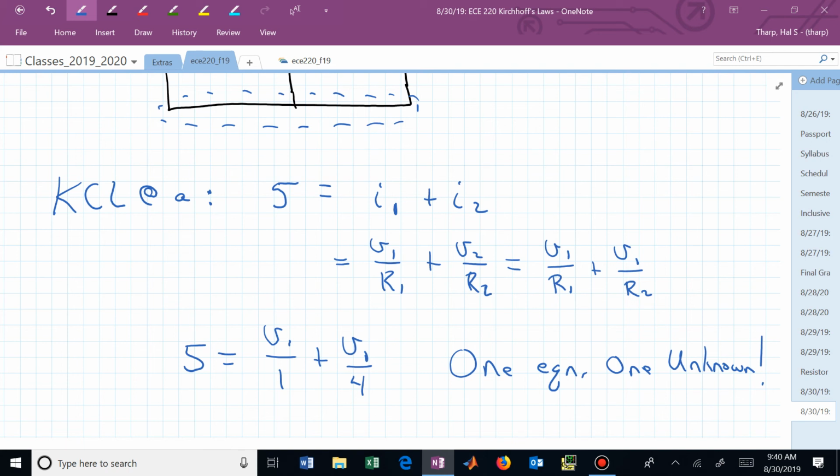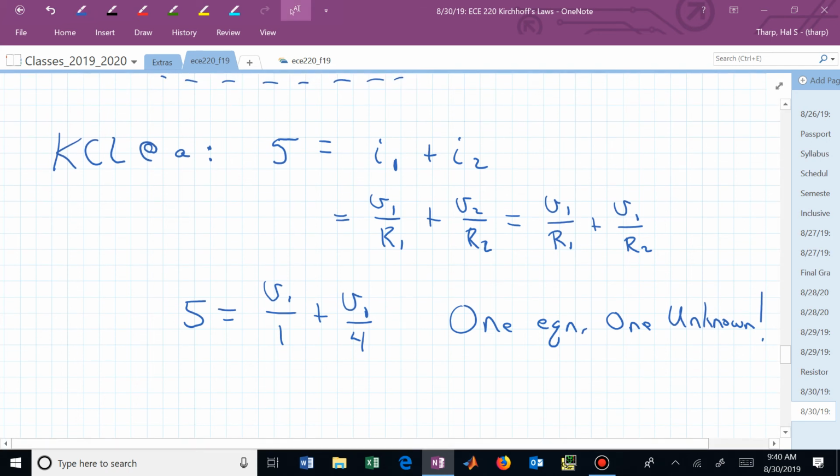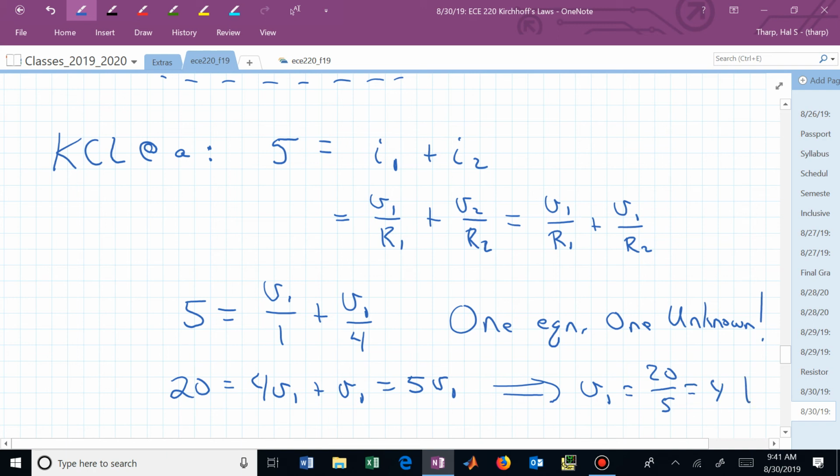We could clean this up. We could clear the fractions by multiplying everything by 4, and we now have 20 is equal to 4V1 plus V1, or 5V1. So what's V1? V1 is now 4 volts.